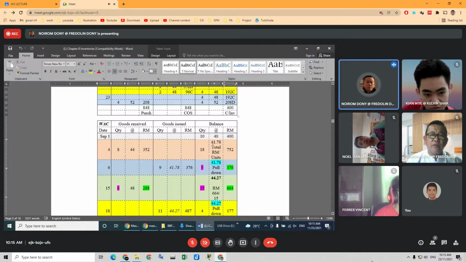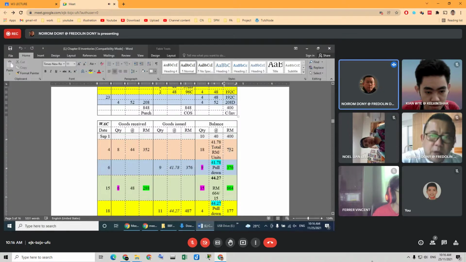So 400, existing, plus the new purchase, becomes 752. Then you can get the price per unit by doing the averaging. So total value 752 divide with quantity, 752 divide with 18, how much?